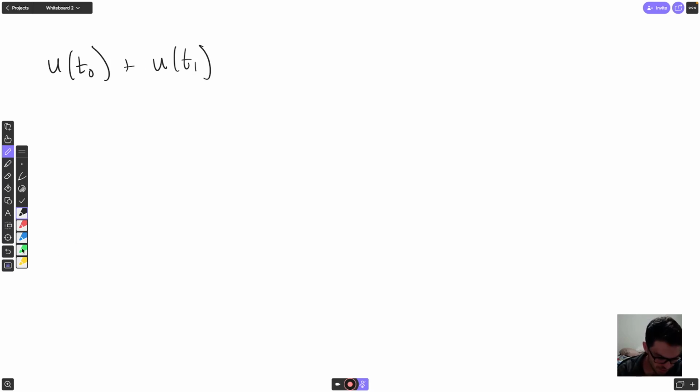But in portfolio optimization problems, we're just going to forget the time 0 one. We're not going to do anything with that. All we're going to focus on is the utility at time 1. So how do we find the utility at time 1?